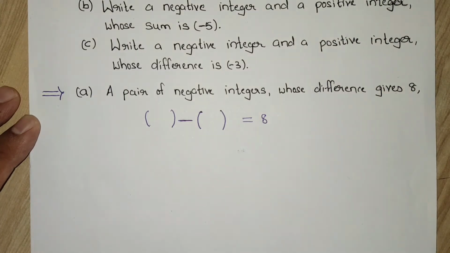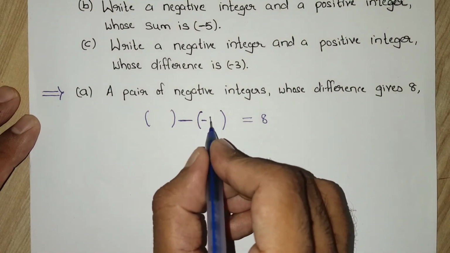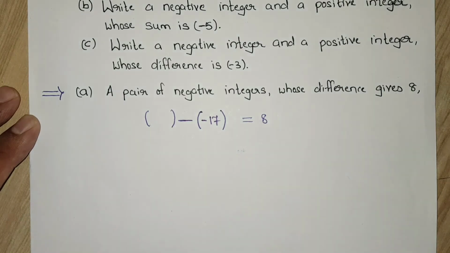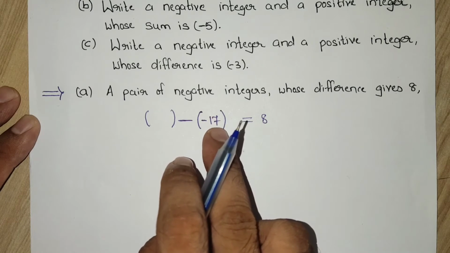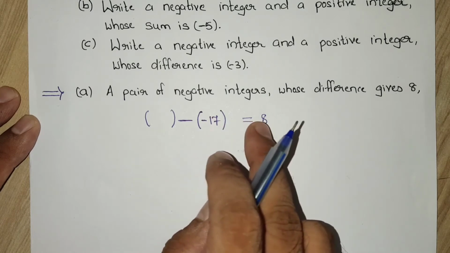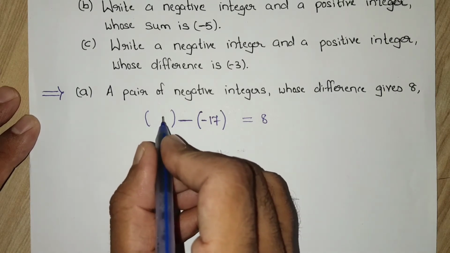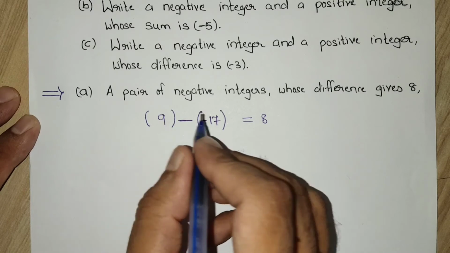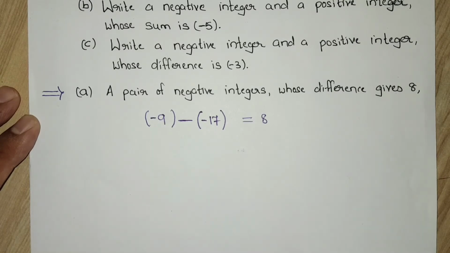You can take any two negative numbers, but the larger number which you take must be in the second position. If I am taking here minus 17, so numerical value is 17. Subtract a numerical value such that you get answer 8. What is that numerical value? Yes, it will be 9. 17 minus 9 you will get 8. So we can take minus 9 and minus 17.